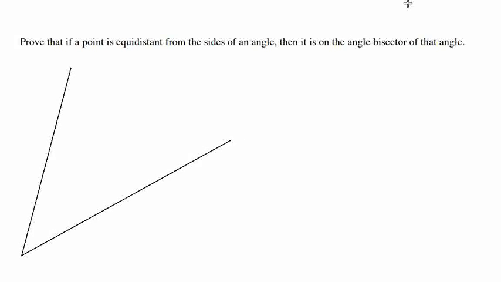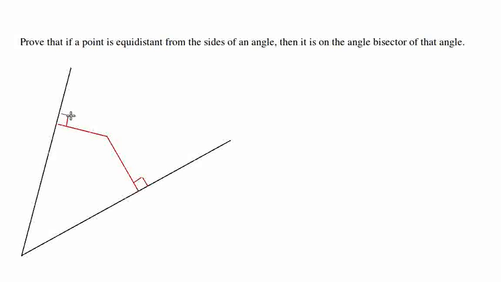So we have an angle, and we have a point that is the same distance from both sides. Let's be clear what we mean when we say that a point has a certain distance from a line or a line segment. What that means is if you draw a stick that forms right angles, you're making a statement about the length of that stick, that perpendicular stick.